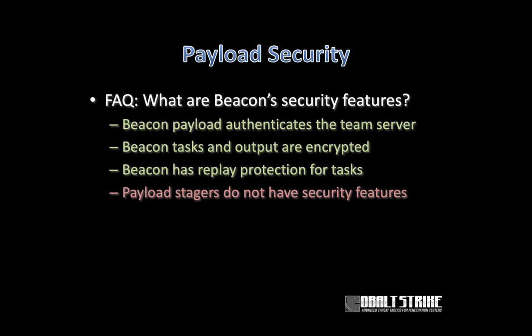When the Beacon payload calls home to the Cobalt Strike team server, it does authenticate its team server. The Beacon tasks and output are encrypted, and Beacon does have replay protection for its tasks. These things refer to the Beacon payload regardless of channel. So the SMB, DNS, TCP, HTTP, and HTTPS Beacon are all the same.